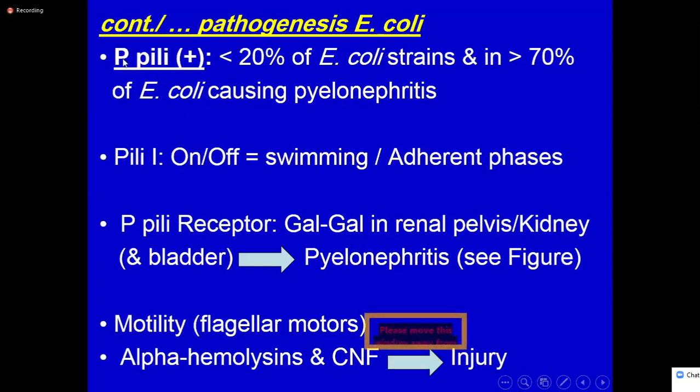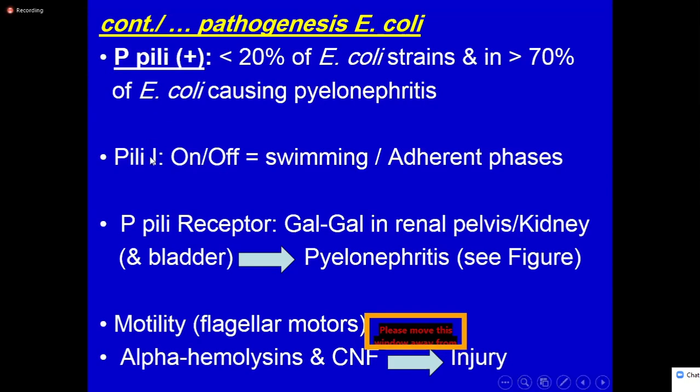Now, the P pili, generally speaking, about 20% of E. coli in general have P pili. However, of the E. coli causing pyelonephritis, more than 70% have P pili. This means that those which invade the urinary tract are more likely to have P pili, about 70% of them.